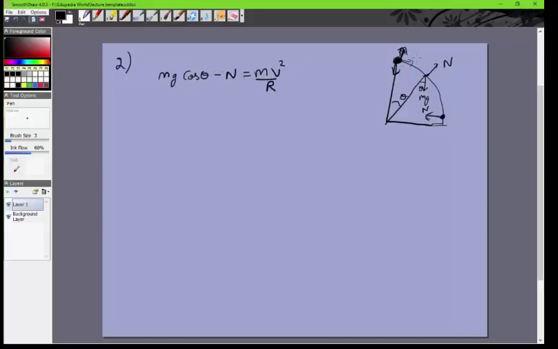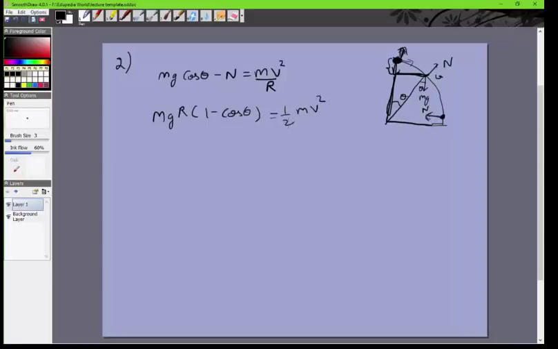Another equation would be, if the speed is 0 here and here is v, we can conserve energy between these 2 points. So the work done by gravity, which will be mgr times (1 minus cos theta), because initially it is at a height r, then this is r cos theta, so what is left is r times (1 minus cos theta), is equal to half mv squared.